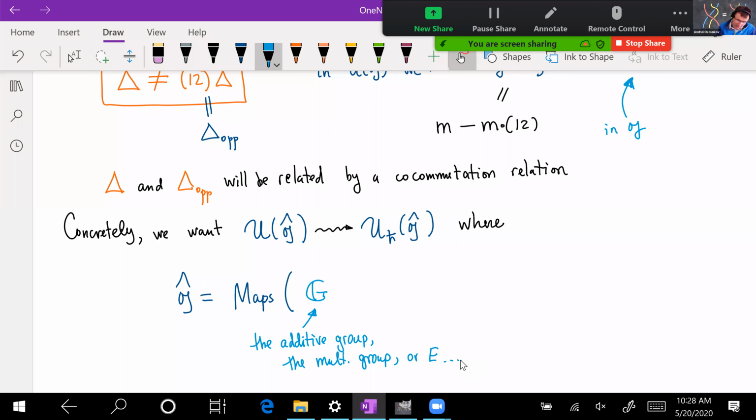And these maps would go to some Lie algebra G, with the commutation, or multiplication, formula taken pointwise.